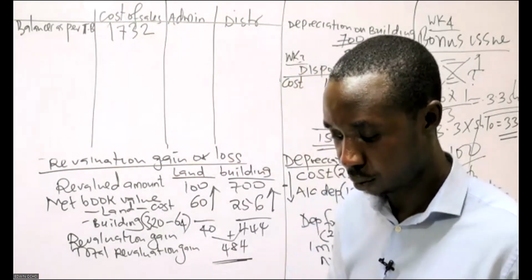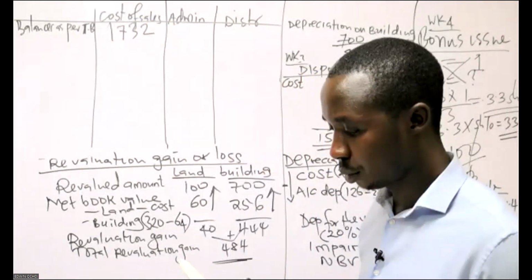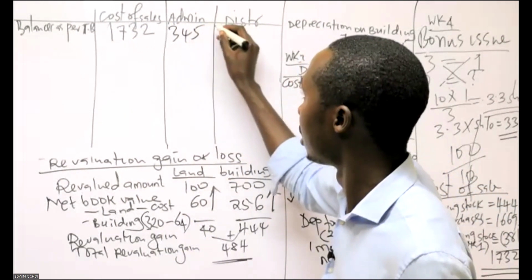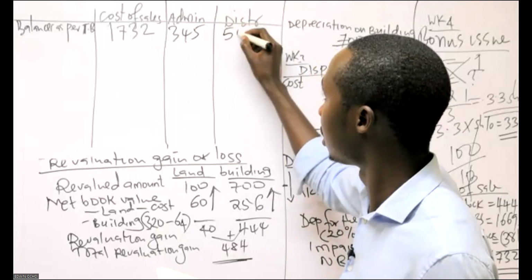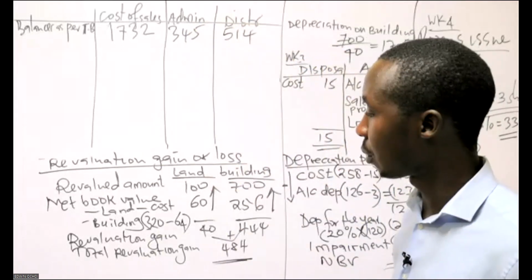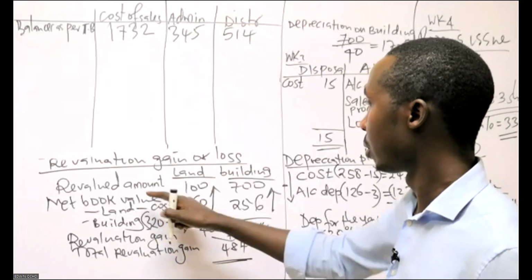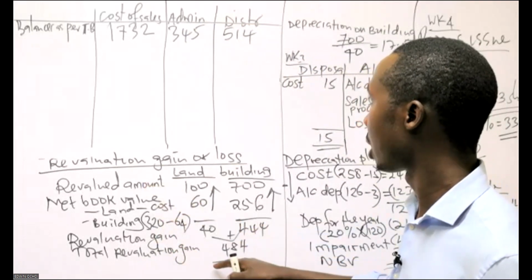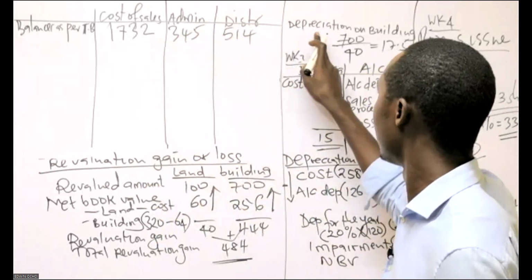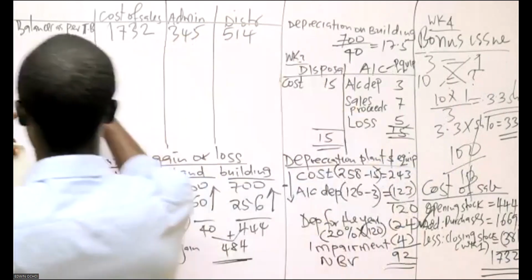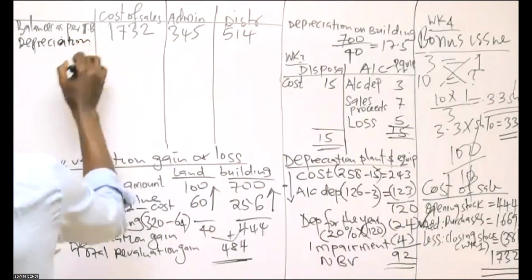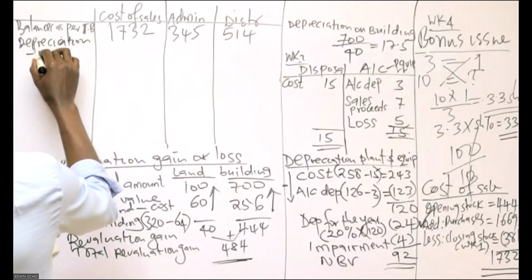Admin, 345 from the trial balance. Then this is 514. So those are the balances from the trial balance. I will come back to these workings and check any expense to be classified under cost of sales, admin, and distribution. The expenses we have here are depreciation on building. So we have 2 depreciations. There's that of a building.